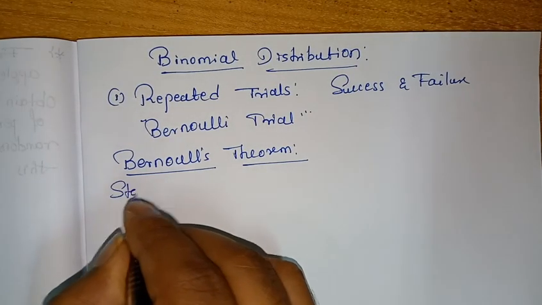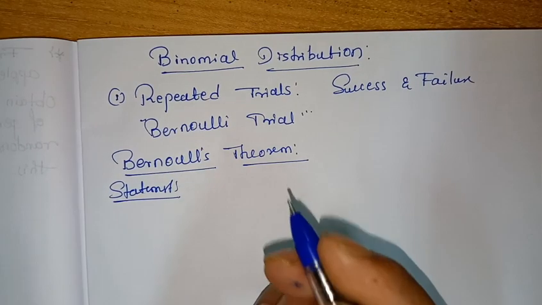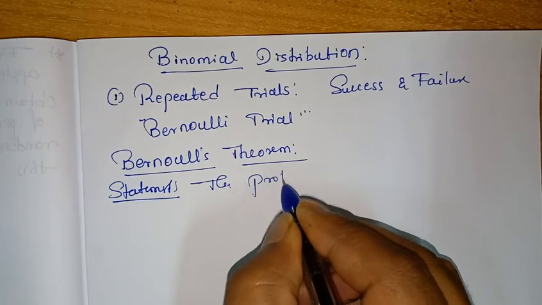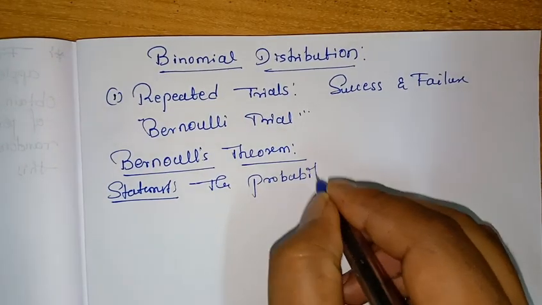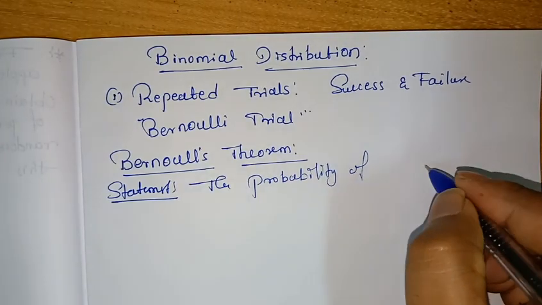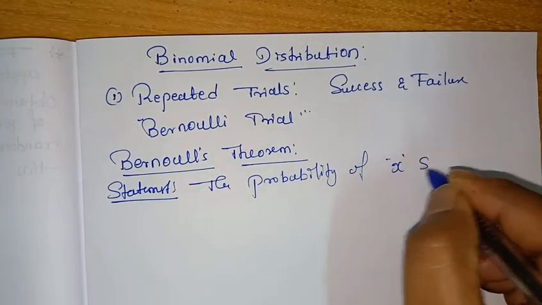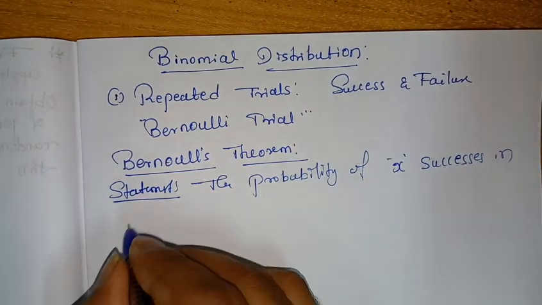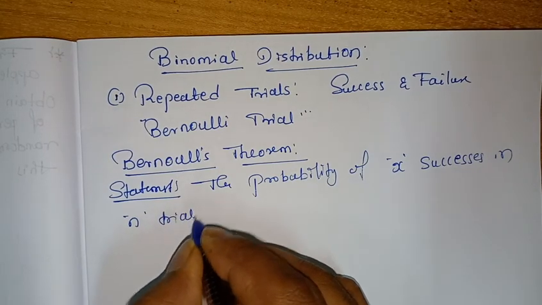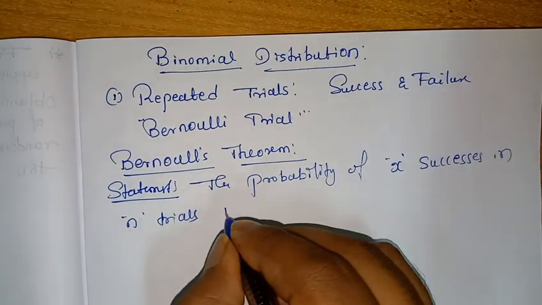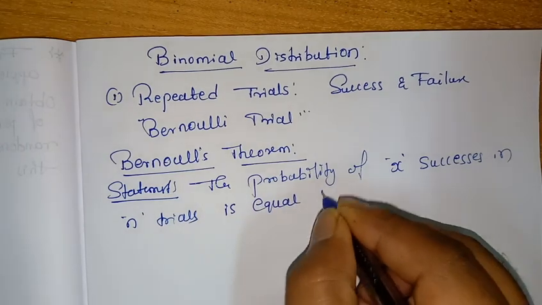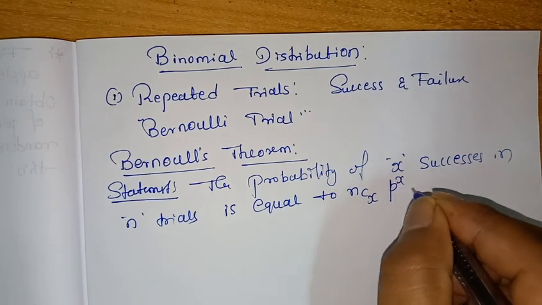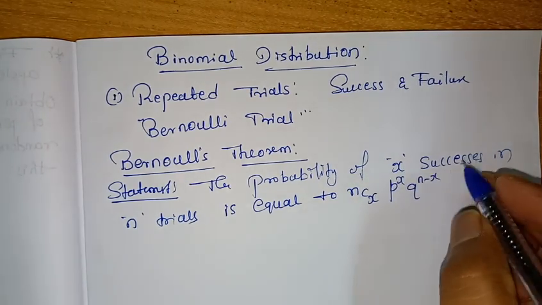The probability of X successes in n trials is equal to NCX p power x q power n minus x.